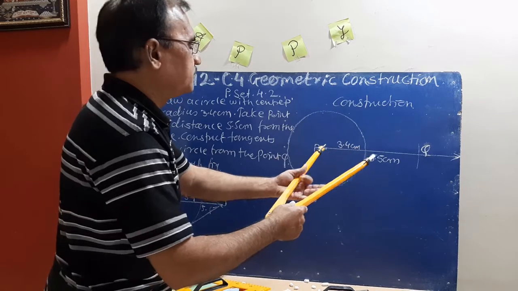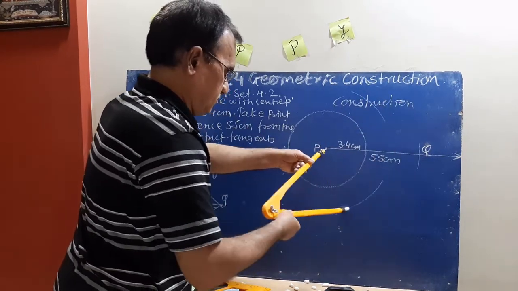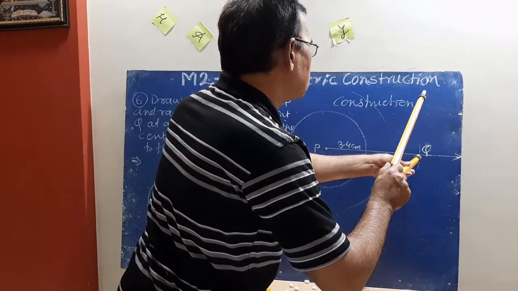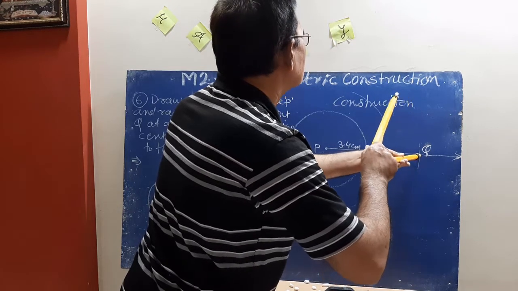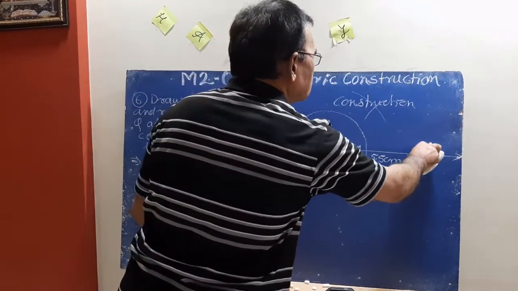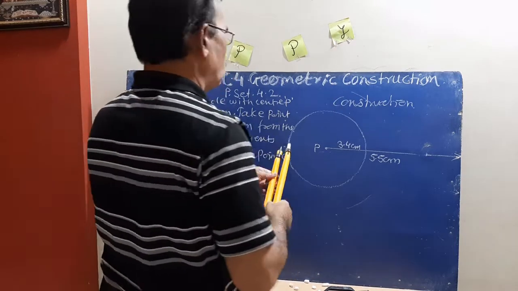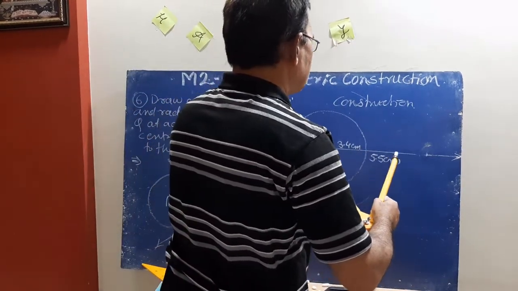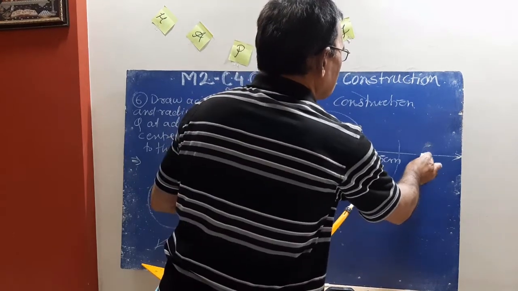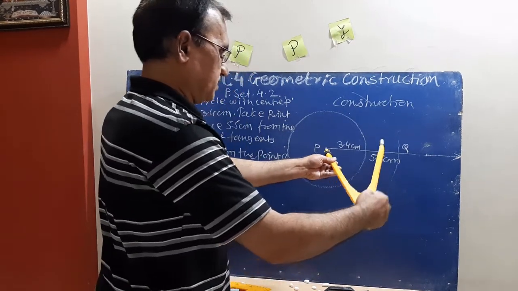Put the pointer on point P, take more than half distance and draw an arc on both sides.